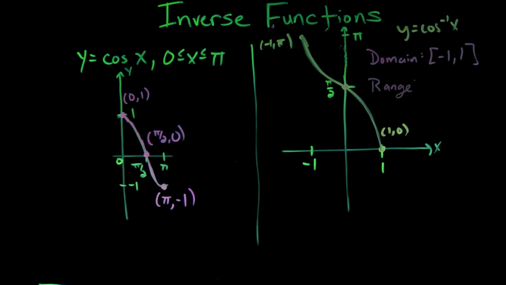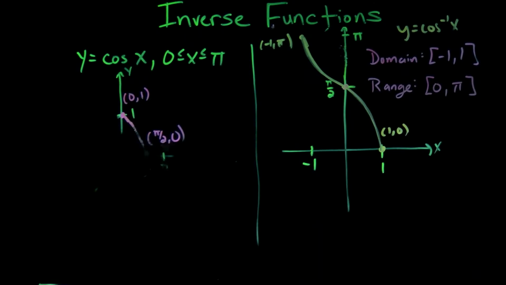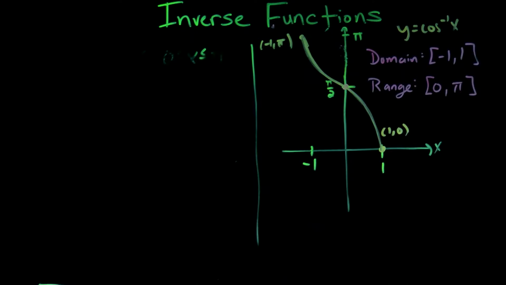Then the range of the inverse cosine is from y equals 0 to y equals pi, okay, which was the same as the restricted domain of our cosine graph. Okay, so what that means is when the inverse cosine reverses the regular cosine, it inputs a number between -1 and 1.